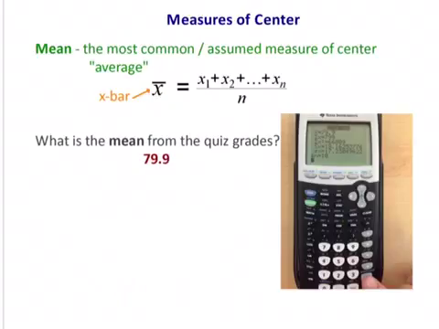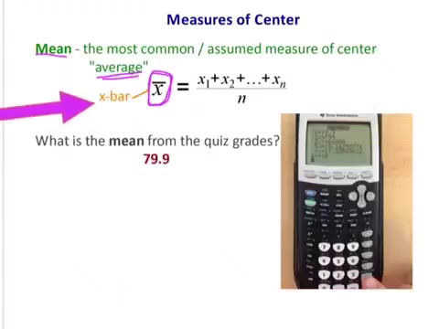So just to review, the mean is the most common and the assumed measure of center. It's called the average. We hear that a lot. You want to know what the average is of something. The mean we notate as this. This is our notation for mean. Make sure you get that notation down, that this is the mean, and we call it X bar because it's X with a little bar above it.